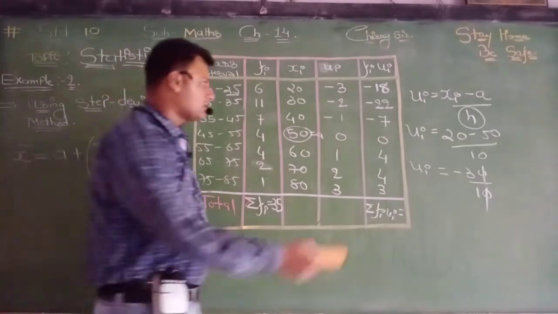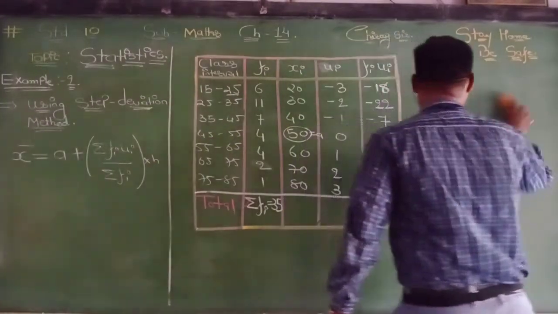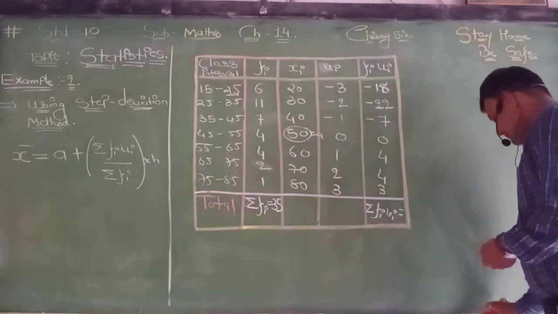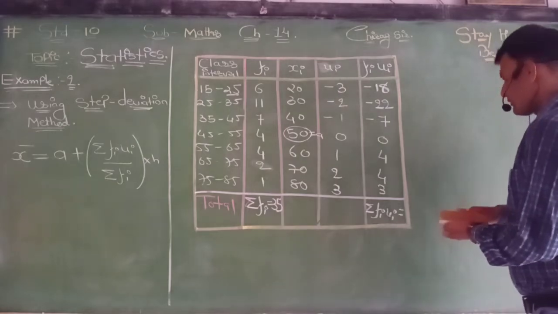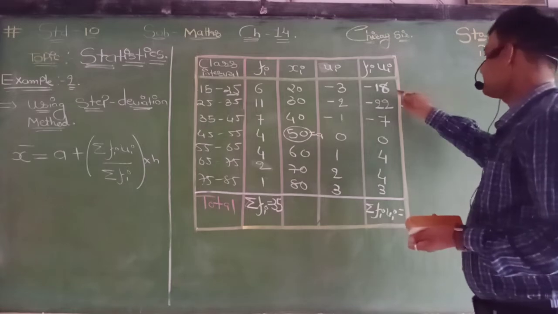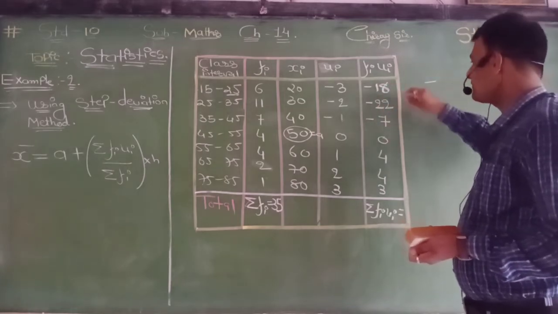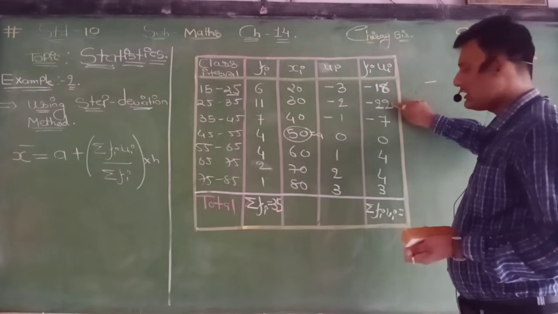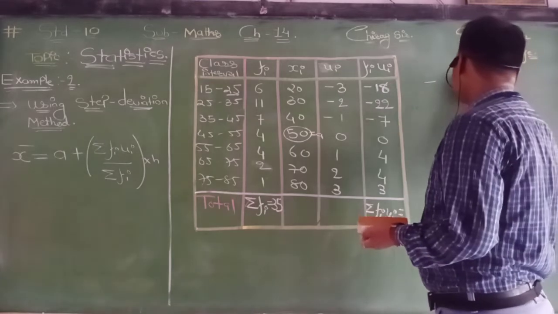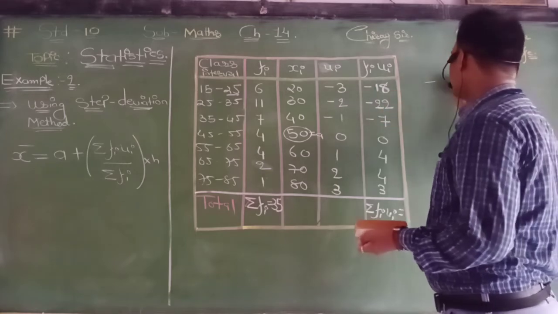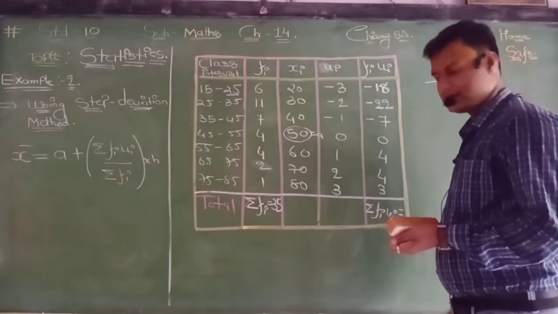Okay, dear students? Learn each and everything very properly. See here, first of all we will add all the negatives: 18 plus 22, 40, 40 plus 7, 47. The answer is minus 47.